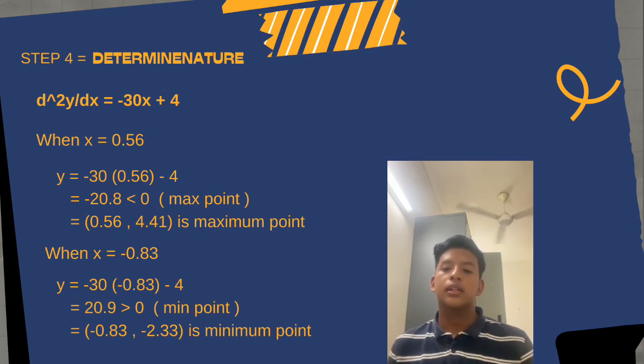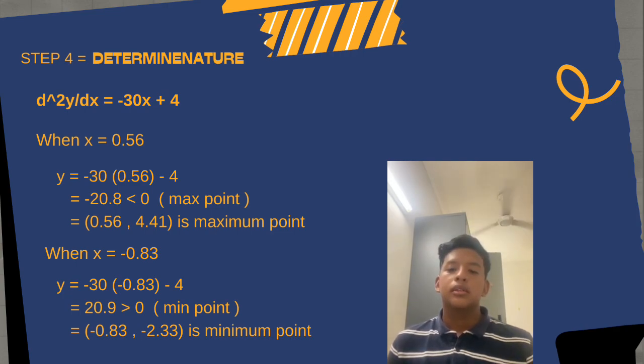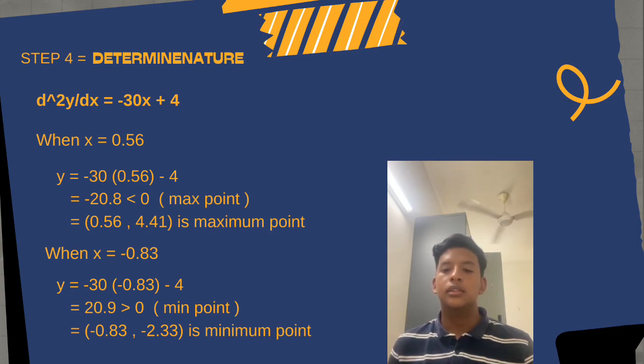When x = -0.83, it is -30(-0.83) - 4, which equals 20.9, bigger than 0, so (-0.83, -2.33) is a minimum point.